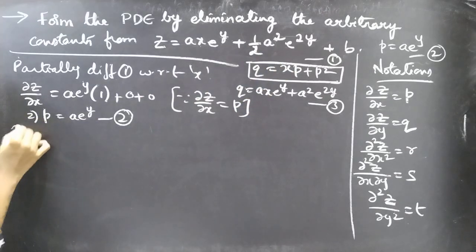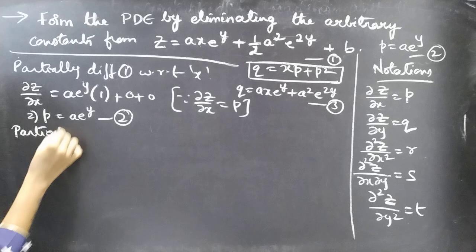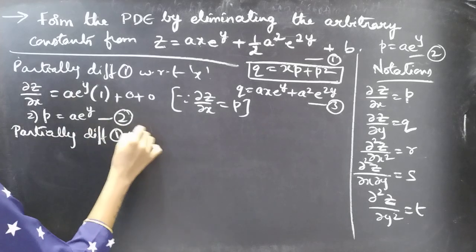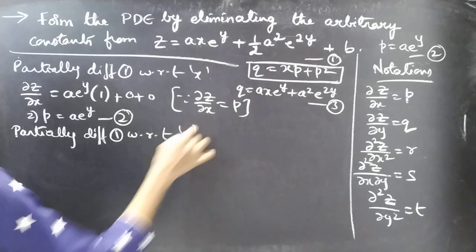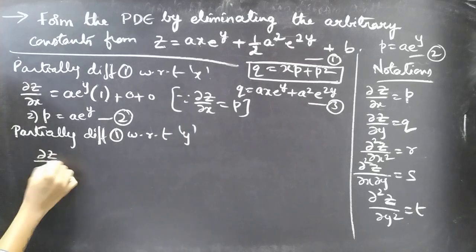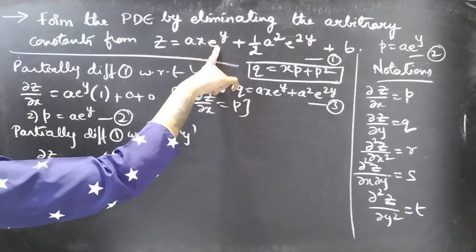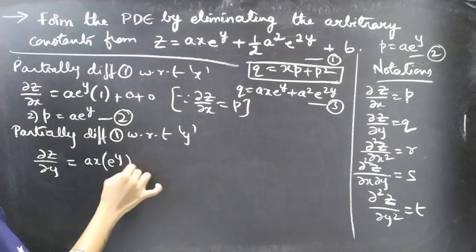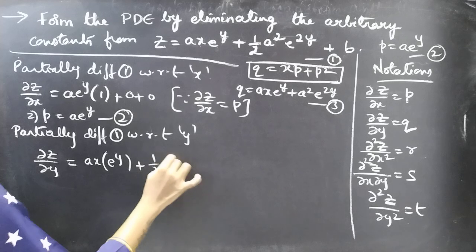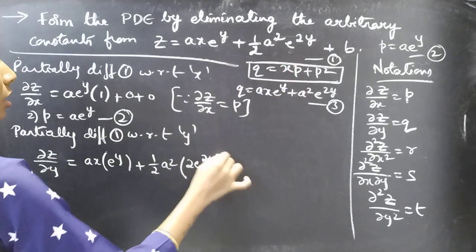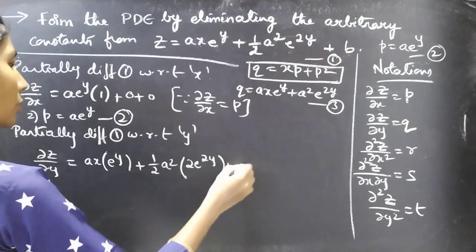Now partially differentiating 1 with respect to y. Dou z by dou y equal to ax into partial derivative of e power y with respect to y is e power y, plus 1 by 2 a square into partial derivative of e power 2y is 2 e power 2y, plus partial derivative of a constant with respect to y is 0.